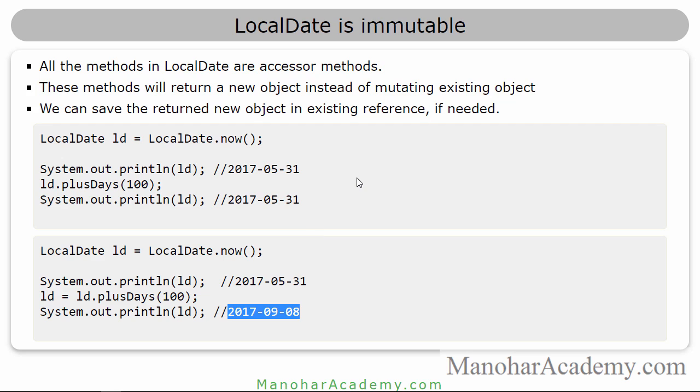So immutability is a desired feature in some circumstances. We will learn about immutability more when we talk about design principles. So for now, understand that local date is immutable, and whatever methods you invoke on that object, they will create and return a new object. So if you want that new object to be stored, we have to explicitly assign it.